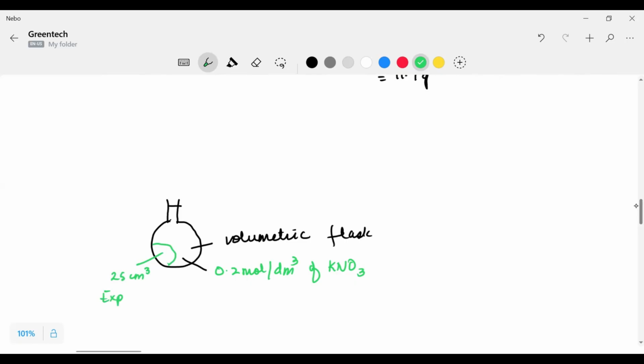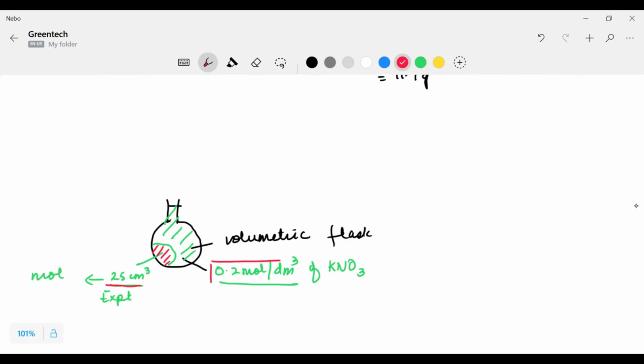So I'm basically concerned about how many moles that 25 cm cube has in it, right? If this concentration is for the whole solution, which is 1 dm cube, but I'm just using a part of that solution, which is 25 cm cube, can you calculate how many moles are there? Okay, I'll teach you how.